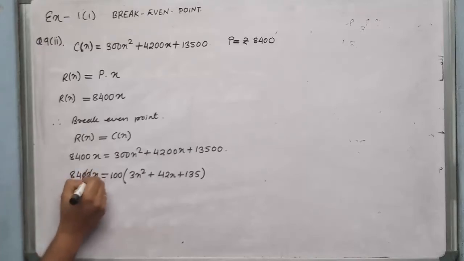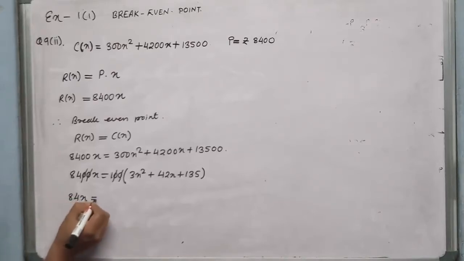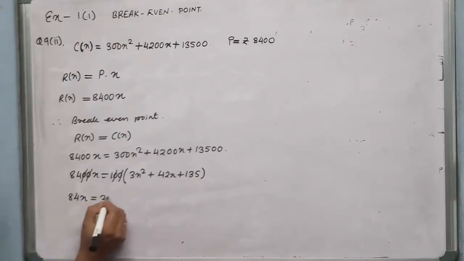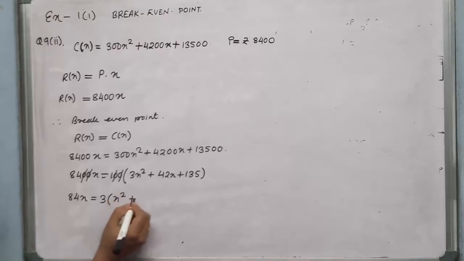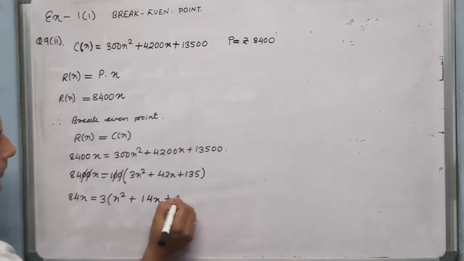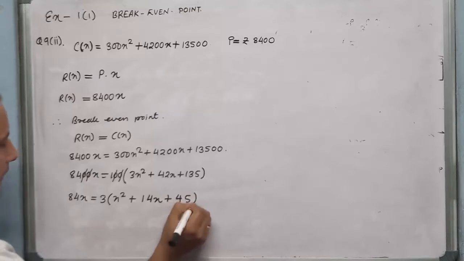The 100 cancels, all the quantities get cancelled. Now 84x equals, one more quantity is common over here, I'll take 3 common: x square plus 14x plus 45. 3 fours are 12, 3 fives are 15.